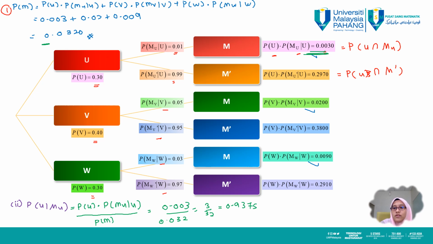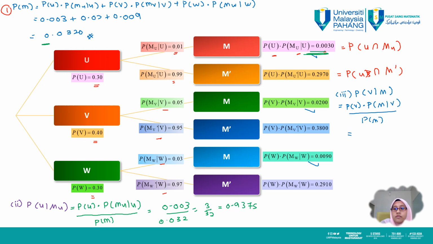The same goes with number 3. Number 3 asks us to find P(V given M). If we refer to our tree diagram, there is no V given M. The thing that we have is M given V. So this is Bayes' theorem. By using the formula, P(V) multiplied by P(M given V) divided by P(M).